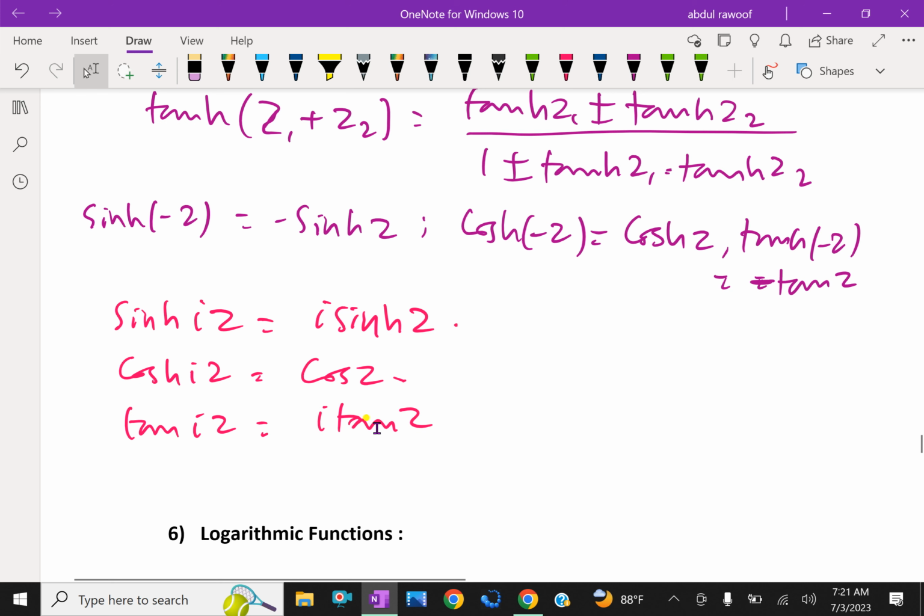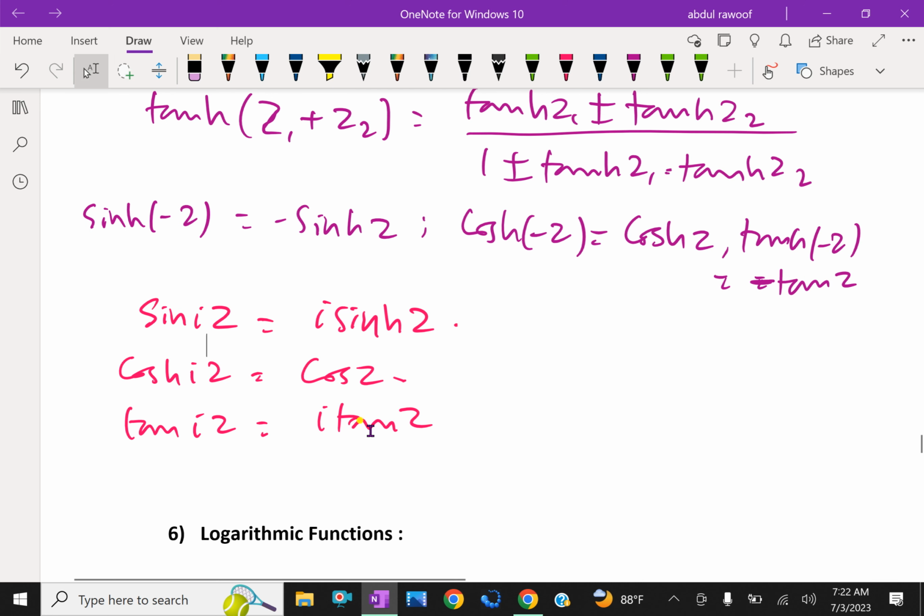Here, something you have to correct. First, sine iz equal to i sine hz.